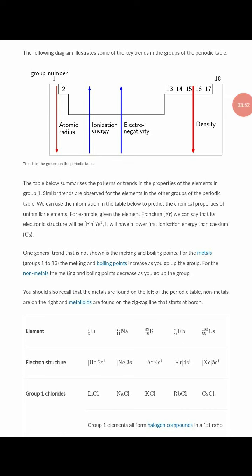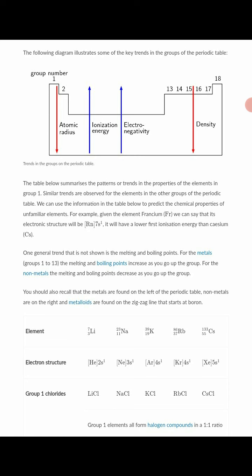Similar trends are observed for the elements in the other groups of the periodic table. Like I told us before, we are using group 1 as a reference point to look at other groups in the periodic table. Now, we can use information in the table above to predict the chemical properties of unfamiliar elements.